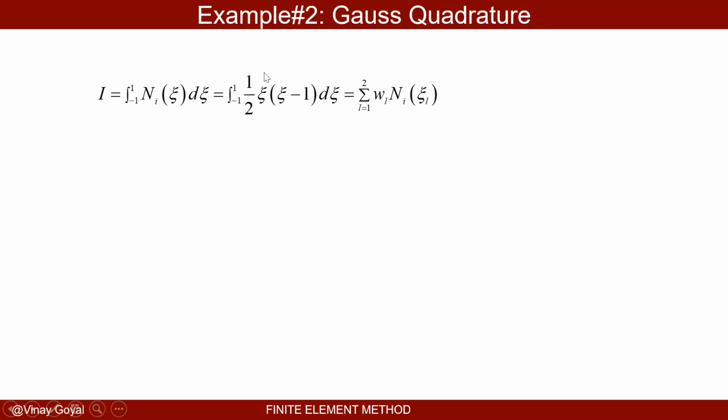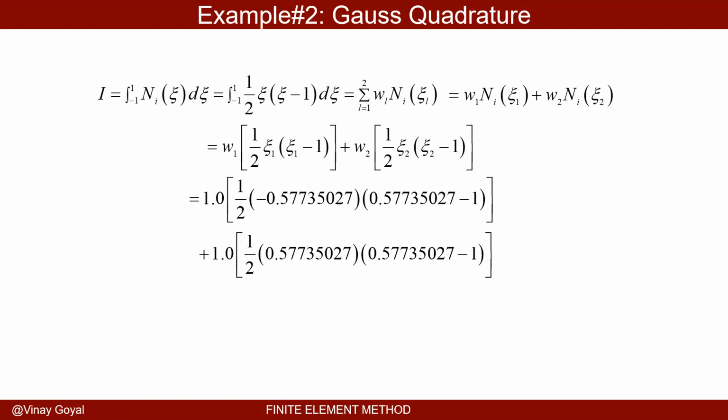So I'll just take this as phi and evaluate that at 1 over square root of 3 and the minus of that, you can see that there, with a weight function of 1. And when I do that, I get 0.3333. And when you check it, that's the exact solution. You get the exact integral value. If you did it in mathematics, you'll get the same value as using this approach.